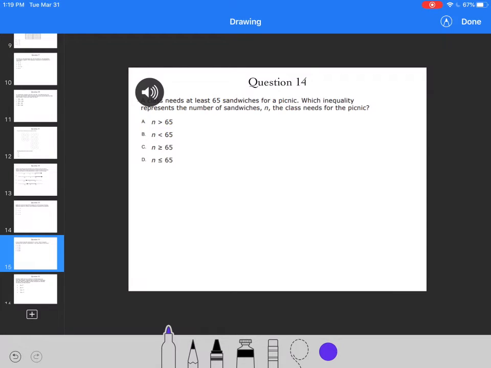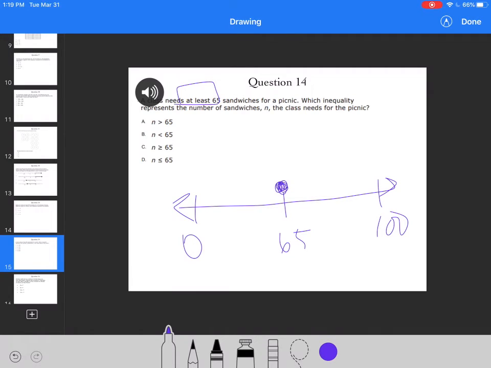A class needs at least, so that's my key word, at least 65 sandwiches for a picnic. Which inequality represents the number of sandwiches the class needs for the picnic? So at least, if I was going to draw myself an arrow, I've got 65, I'm just going to put 100 on here, and I'm going to put 0. So at least means it includes the number because that's the lowest number possible. So I'm going to put a closed dot.